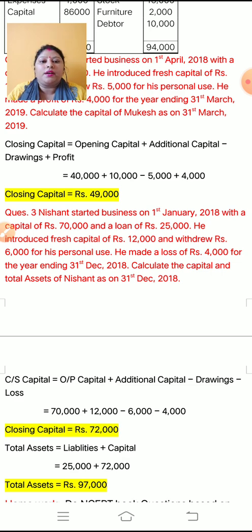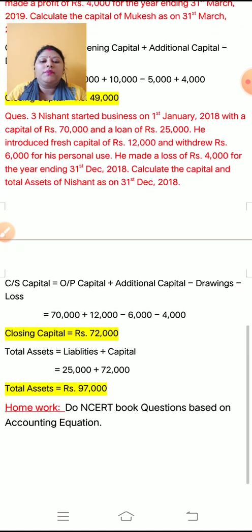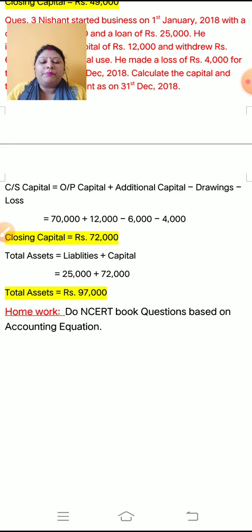And chapter number 3, this part also you have to note down. And one more thing, this part is based on accounting equation, so do NCERT questions based on accounting equation topic.